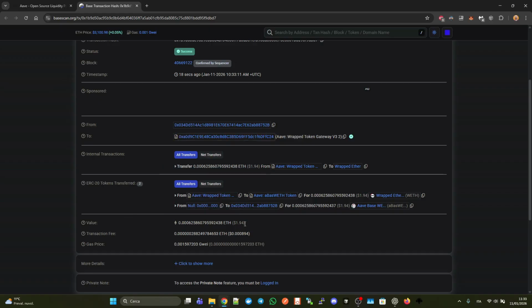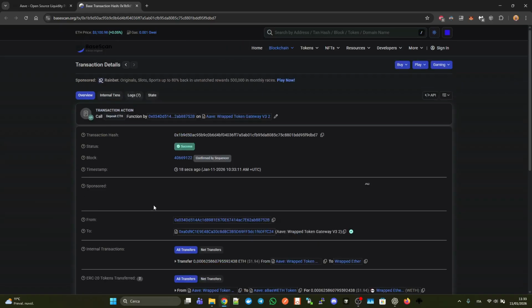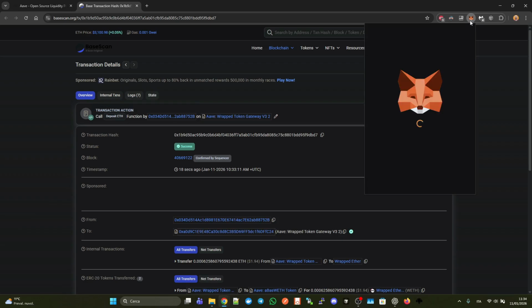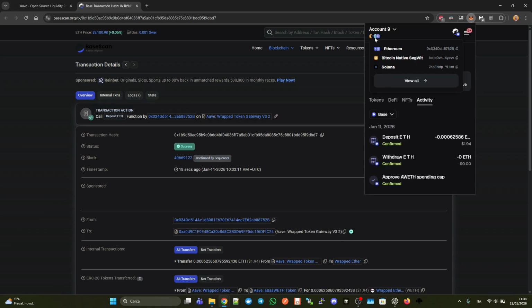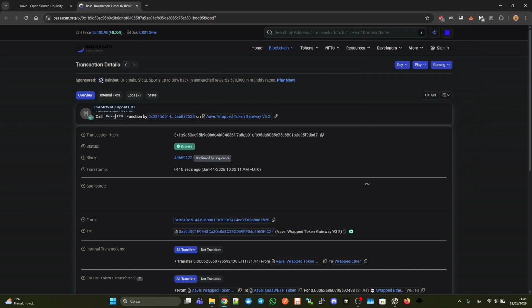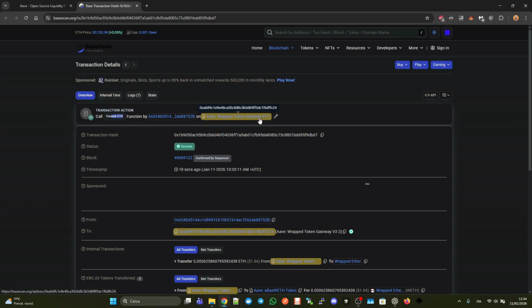In this transaction, there is the value that we have provided. Okay, we are calling the deposit function from our wallet. This is my wallet, and I'm calling the deposit function on the Aave wrapped token gateway.